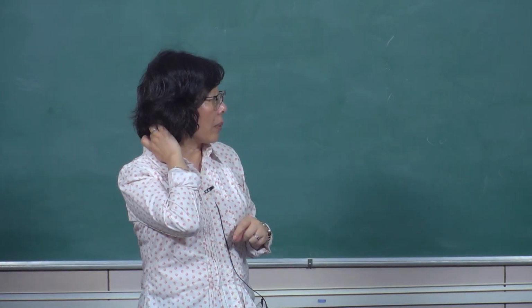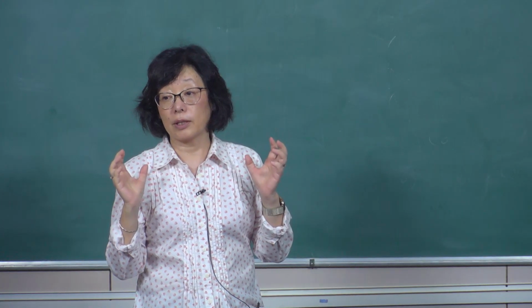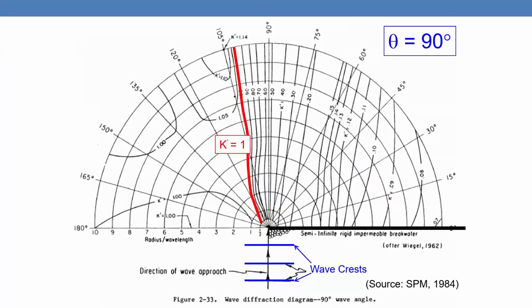In engineering applications, we have different diagrams for us to use. This is a simplified structure. If you have a breakwater over here, this black line, and the blue lines are the wave crests propagating in, that's theta equal to 90 degrees.